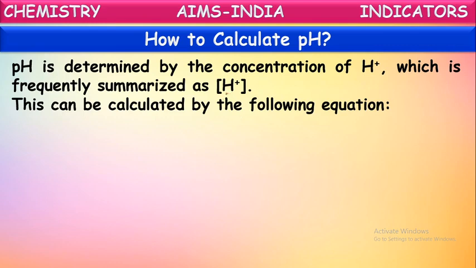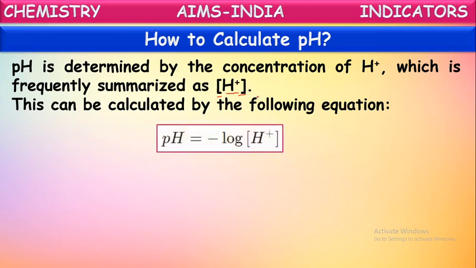If H plus is written in square brackets, that represents the concentration of the H plus ions. This can be calculated using the equation pH is equal to minus log of H plus ion concentration. So, if we know the concentration of H plus ions, we can easily calculate the pH by using the formula minus log H plus ion concentration.